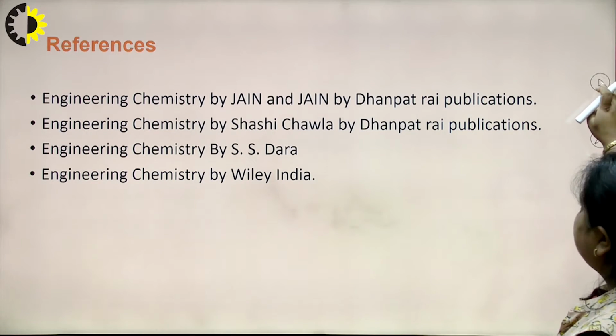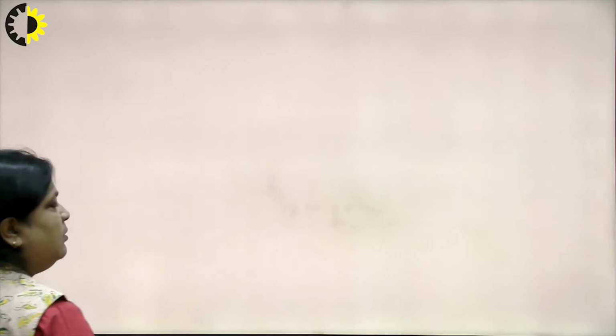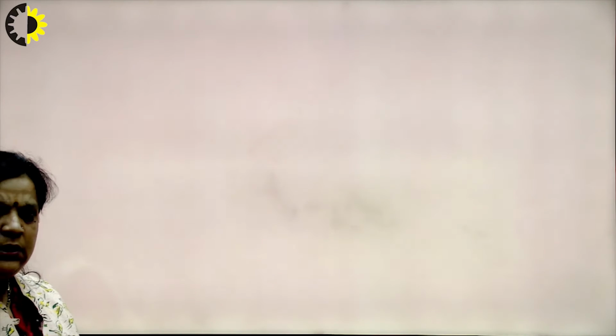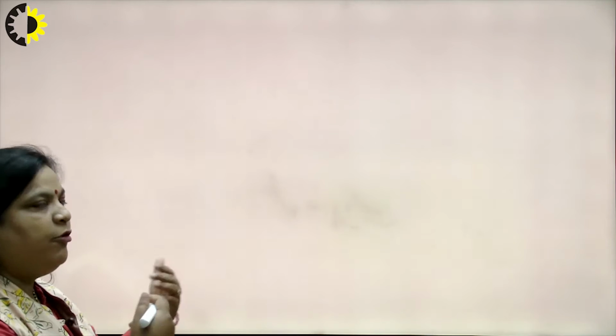In the previous lecture I explained the postulates of molecular orbital theory and how the molecular orbitals are formed. In a simple manner we can say that when atomic orbitals combine, they form orbitals of different energy.